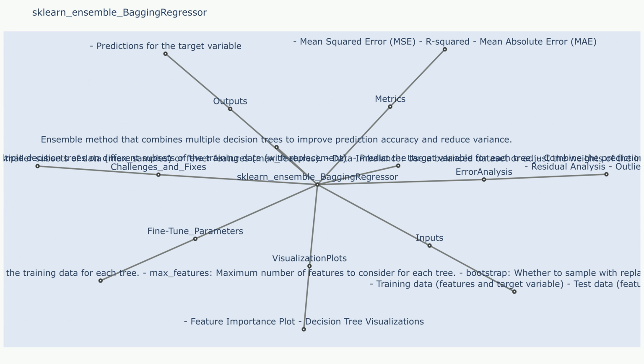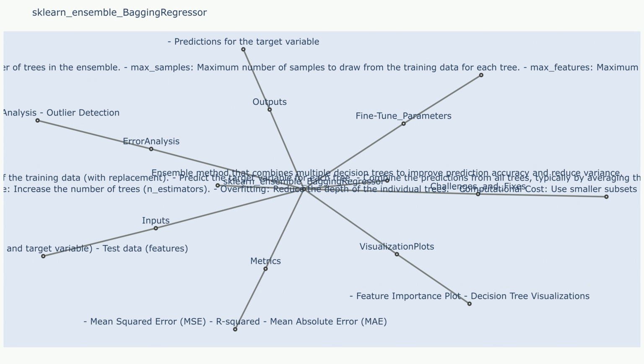If set to true, each decision tree is trained on a random subset of the samples with replacement. Bootstrap features. This parameter controls whether to use bootstrap sampling for features when creating each decision tree. If set to true, each decision tree is trained on a random subset of the features with replacement.